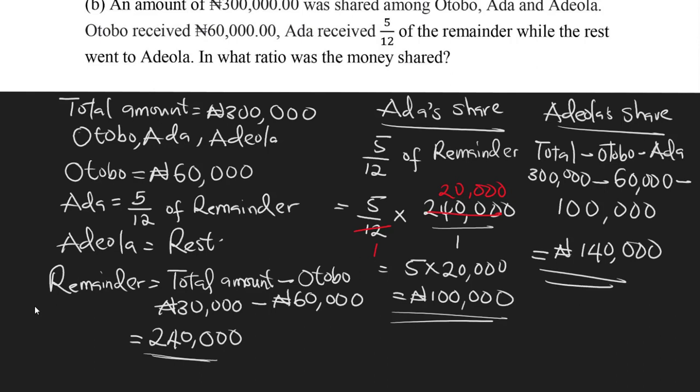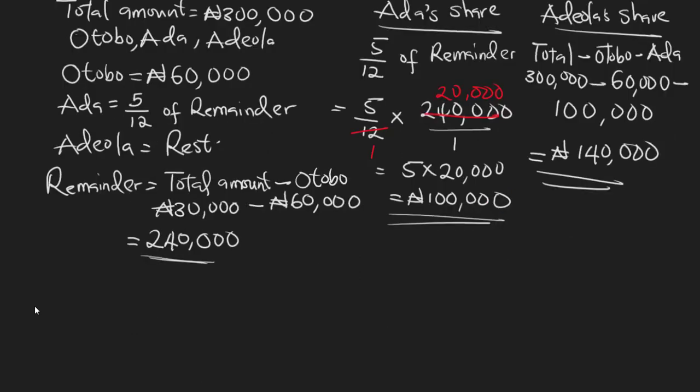But remember, the question says that we should show the ratio. In what ratio was the money shared? So how are we going to do this? This is actually very simple. In order to get the ratio, remember they were arranged as Otobo to Ada to Adiola. So what is Otobo's share?